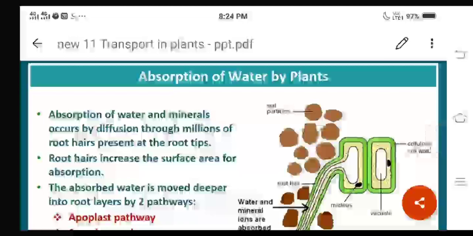Mainly the root. The root absorbs most of the water that goes into the plants. And where will this water be present? It means we are going to apply water to the soil, because water will be present in the soil, and not on the leaves.